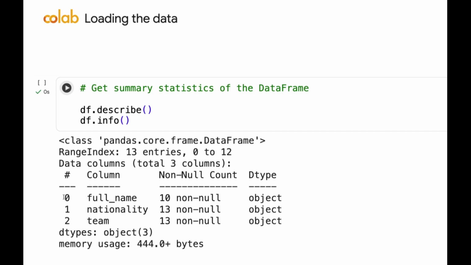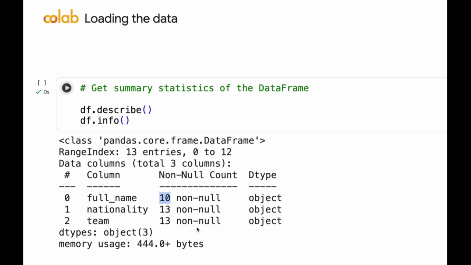So the first column, that's the column starting from the index 0, full name. It has 10 non-null values. So the NaN, the missing value, is not counted as a valid value. Those are not counted. And other than missing values, we have 10 values for full names.